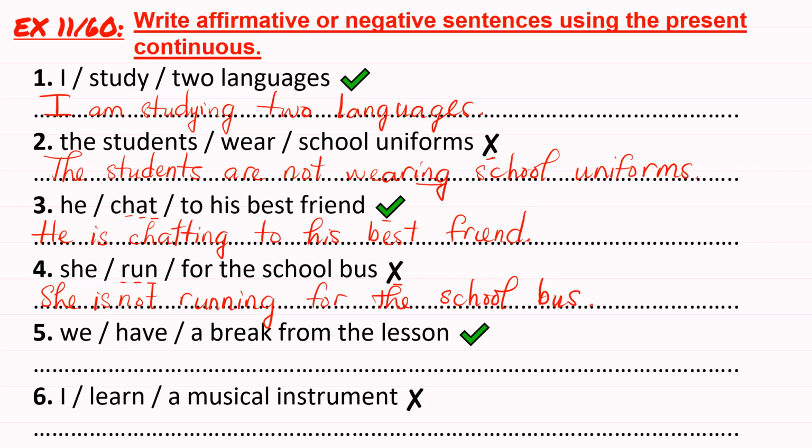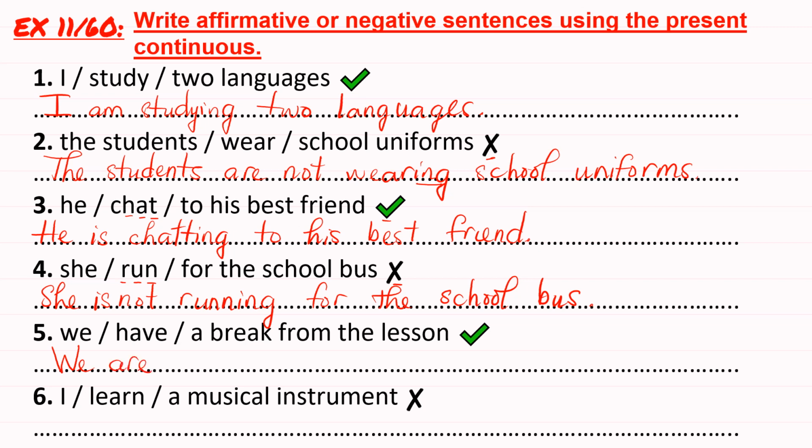Okay. Look at sentence number 5. It's a tick, and we use affirmative sentence. The subject is we. So to be is are.